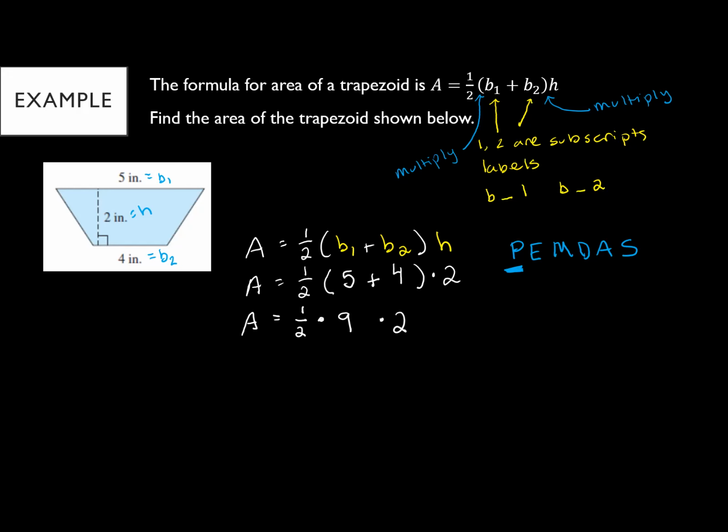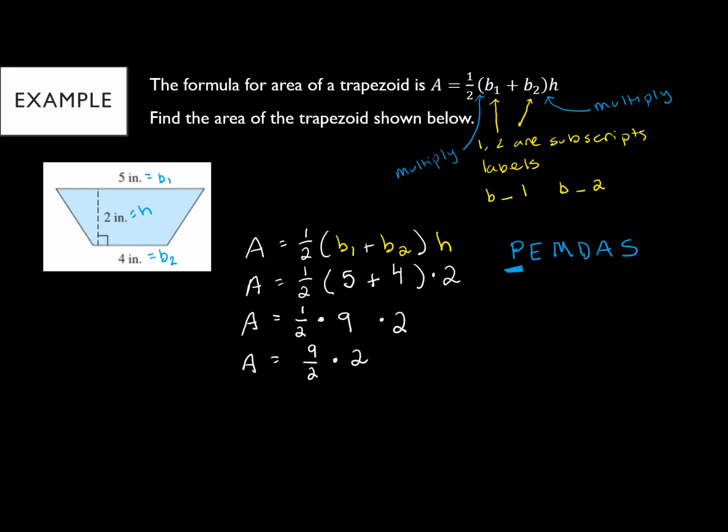So we're going to do the 1/2 times 9. When you're multiplying a fraction times a whole number, you multiply the top of the fraction by the whole number. So it's going to be 1 times 9, which gives us 9. We're going to get 9 over 2. And then we have times 2.